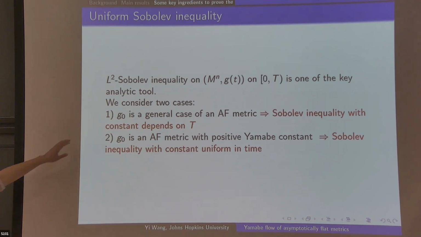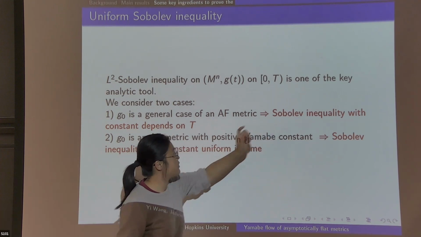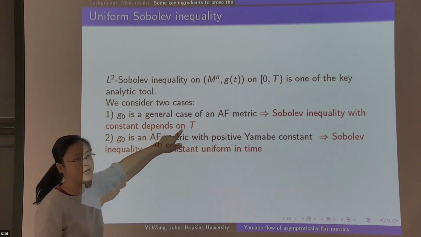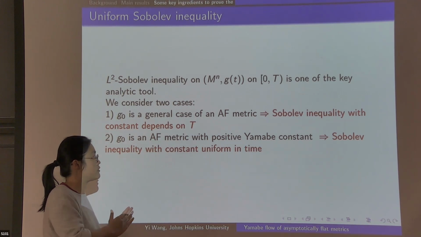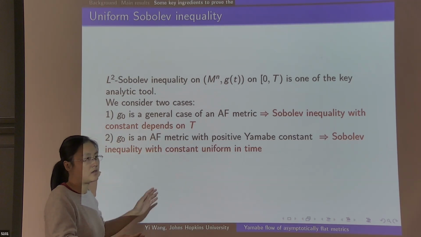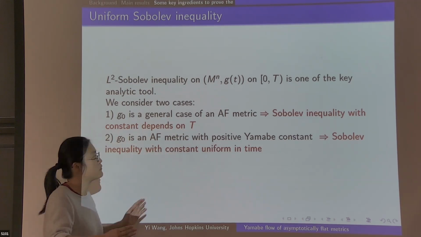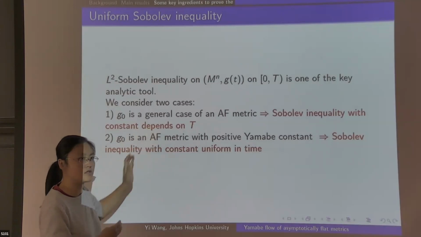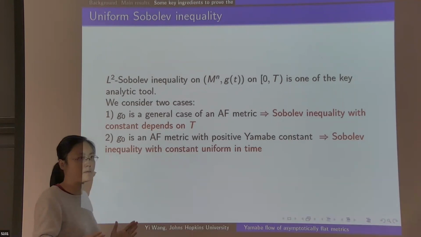So the first one is the general asymptotically flat case. We prove that there is a Sobolev inequality. However, the constant depends on the time t. So if the flow is starting from 0 to finite t, it depends on this t. And if t is infinity, of course, you don't have a uniform control of the Sobolev constant all the way to time infinity, but you have it for every finite time.